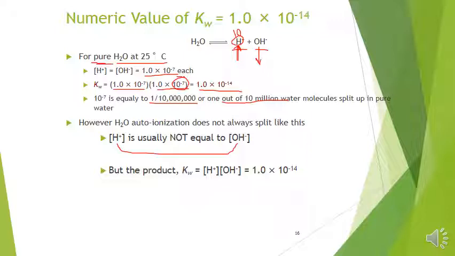So there are ways of disturbing the amounts over here. Okay, so it's not equal. But the curious thing is when you multiply the amounts, they will always equal this number here, 10 to the minus 14th, at room temperature and normal pressures.